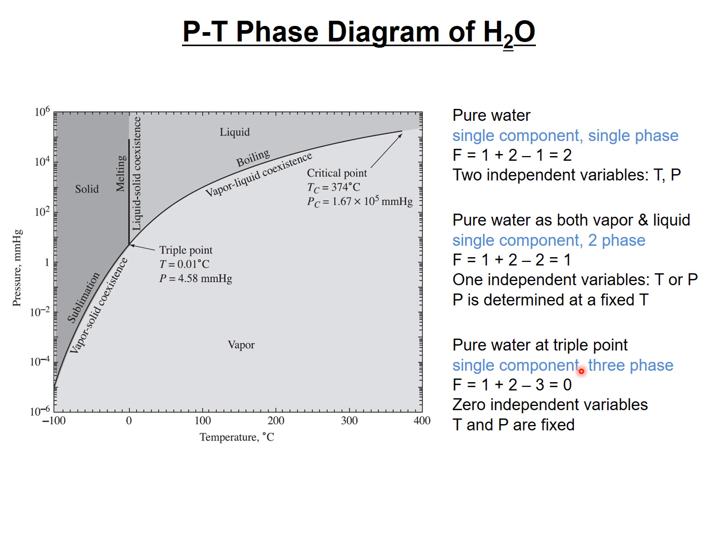Temperature and pressure are already fixed. You cannot change anything. So in this temperature and pressure diagram, you find a point. Not a line, not an area, only a point, because the freedom is just 0. And you cannot change the value of pressure or temperature at the triple point.